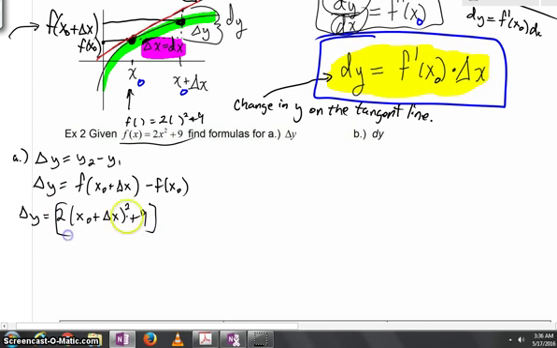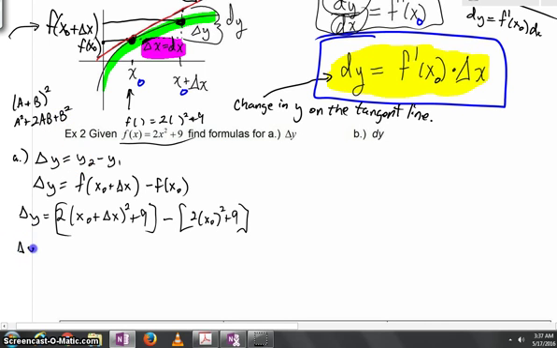That's f of x naught plus delta x, minus, well, what's f of x naught? It's 2 x naught squared plus 9. And real quickly, just a quick reminder of some algebra. If I gave you (a plus b) squared, that's a squared plus 2ab plus b squared.